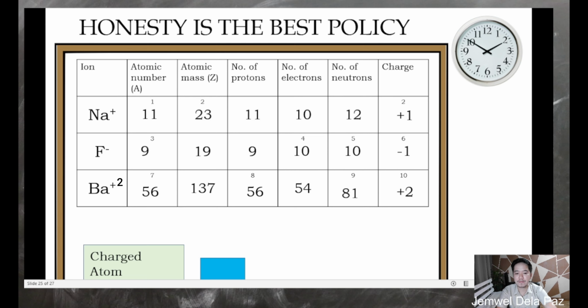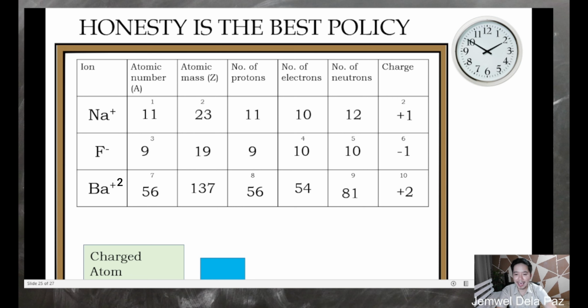And if you would like to verify your answer, take a look at the number of protons and number of electrons. The number of protons here is greater than the number of electrons, and the difference is 2. Since protons are positive and the number of protons is greater than the number of electrons, therefore the charge is positive.